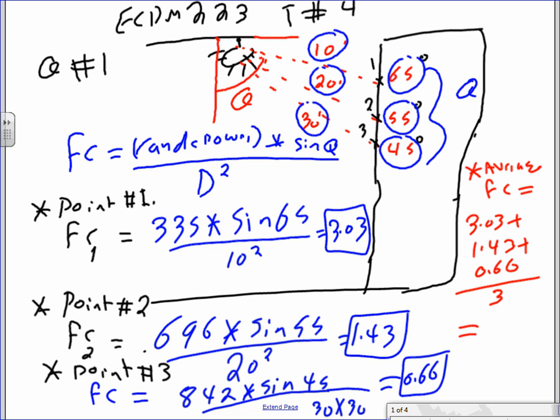When you do the math, you end up with 1.71 average. This is a max, this is a min, and this is your average. That's it.